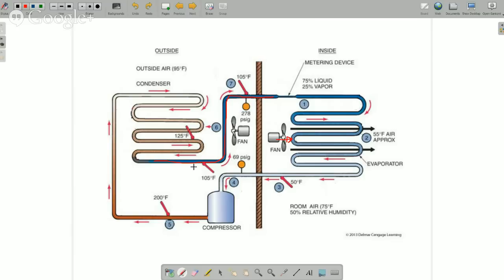So it's designed to have this backup of refrigerant here in the condenser coil. So with an undercharged system, let's take a look. So we still have 100% vapor, high pressure, high temperature, superheated vapor coming out of the compressor.